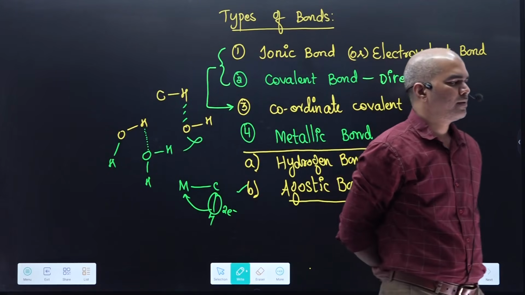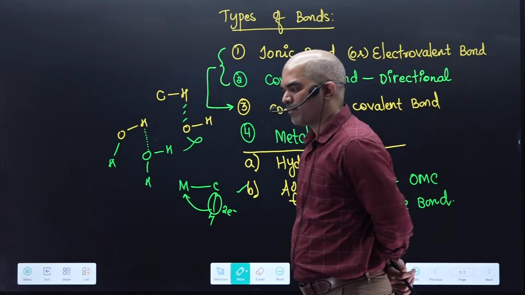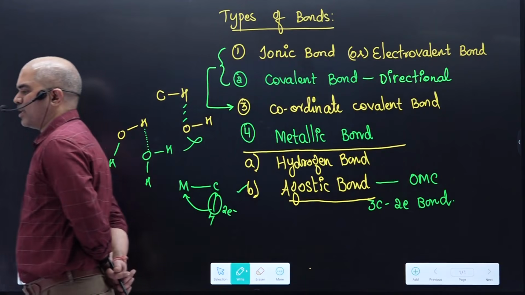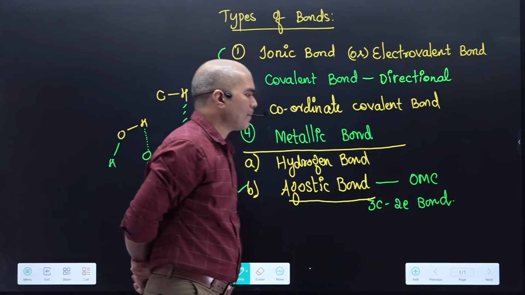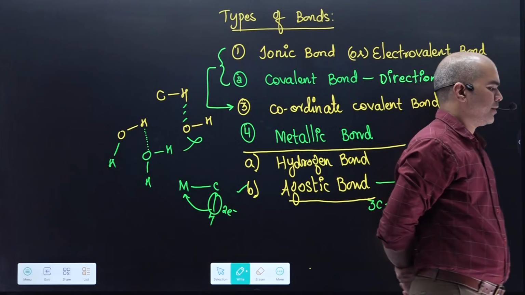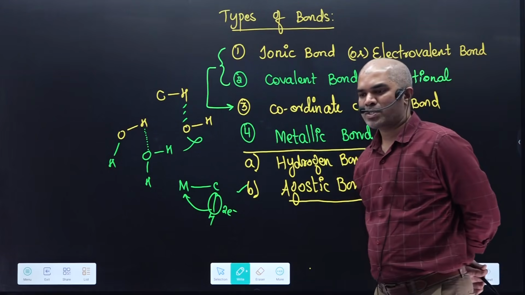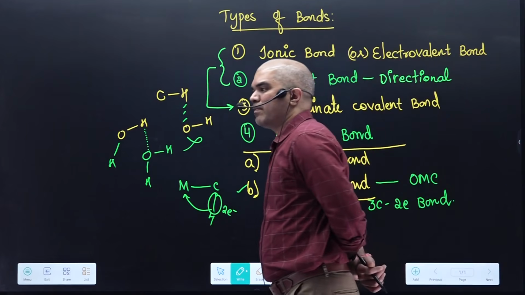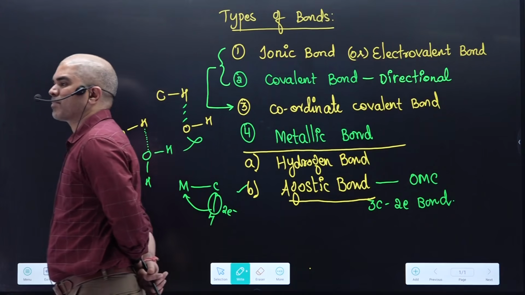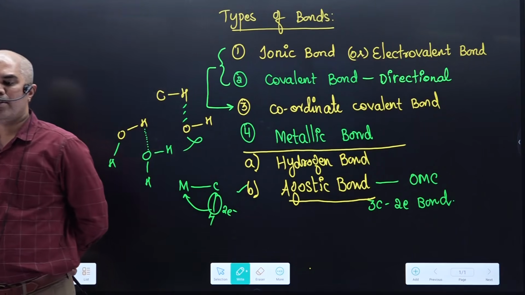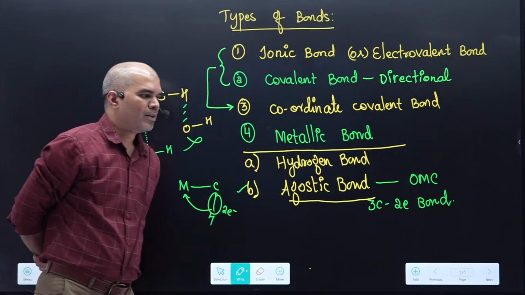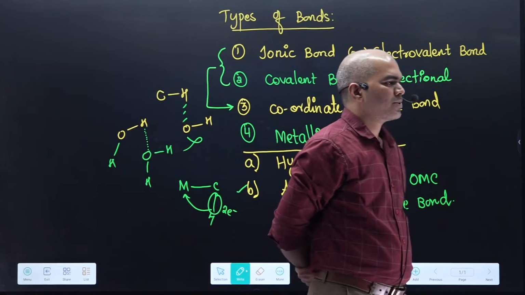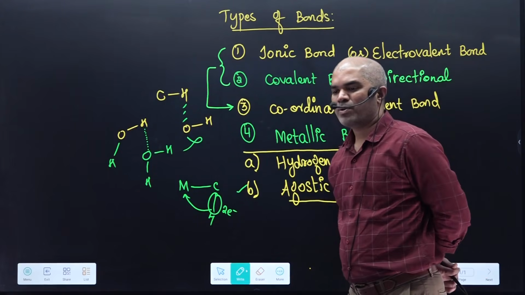Next, metallic bond. It is an electrostatic force of attraction between a metal that has lost electrons and the electrons that are lost.